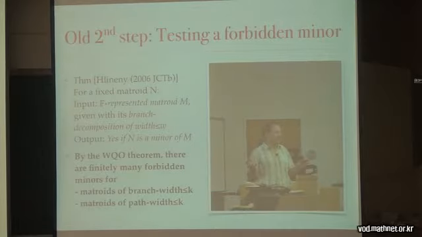Using this tree, you can decide whether or not you contain something as a minor. And because of the well-quasi-ordering theorem, you only have finitely many forbidden minors, so we were able to decide in polynomial time.